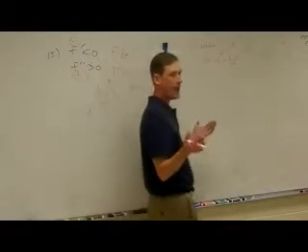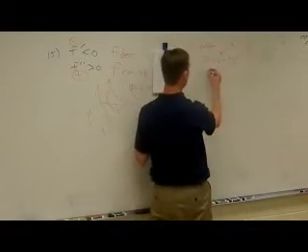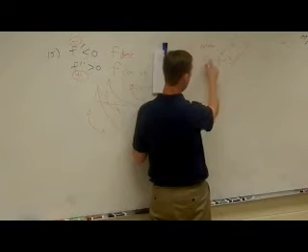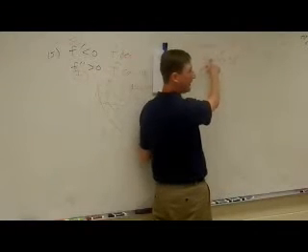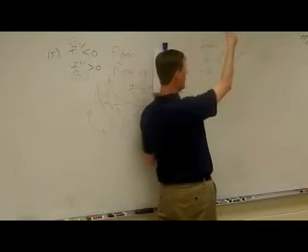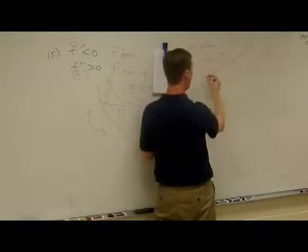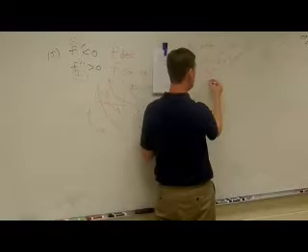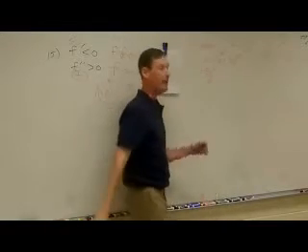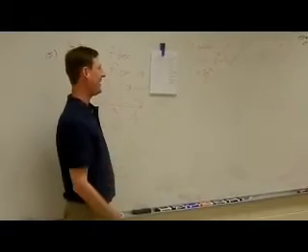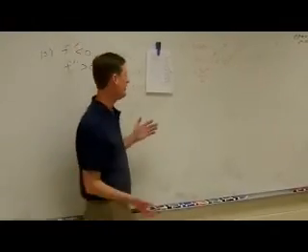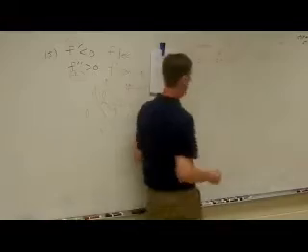Backwards and opposite. So, first things first, what is the power right here? 1. If you do the antiderivative, it will go up to 2 and divide by the new power, right? So you get 5x squared over 2. 5 halves. You can do that as well.